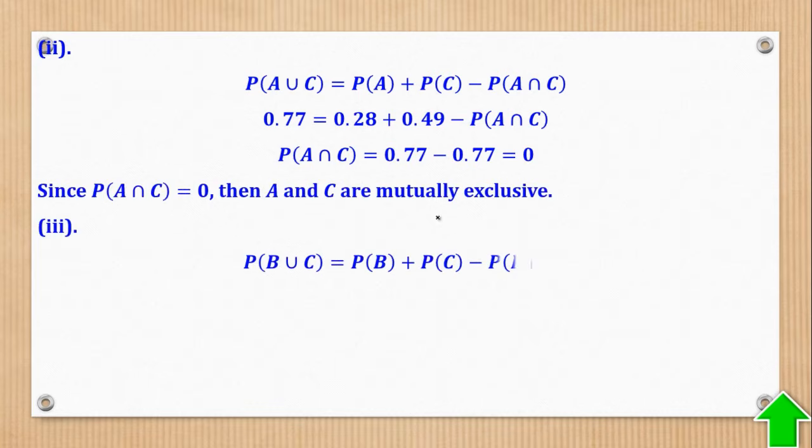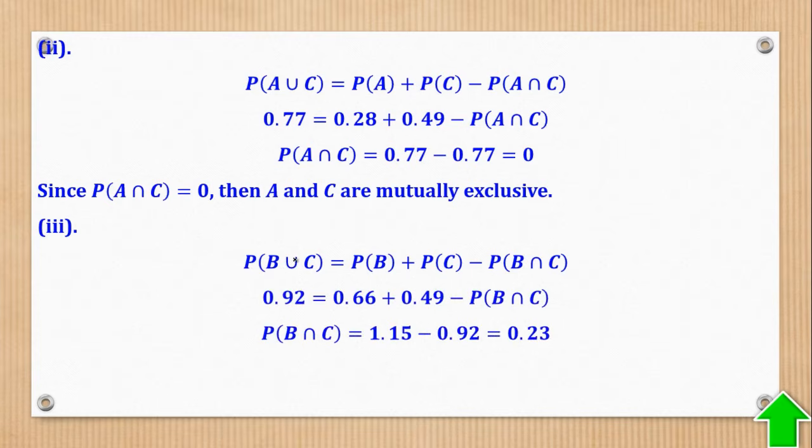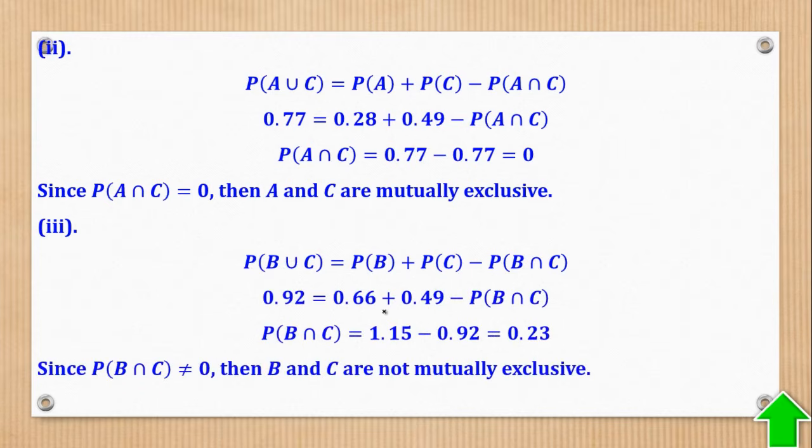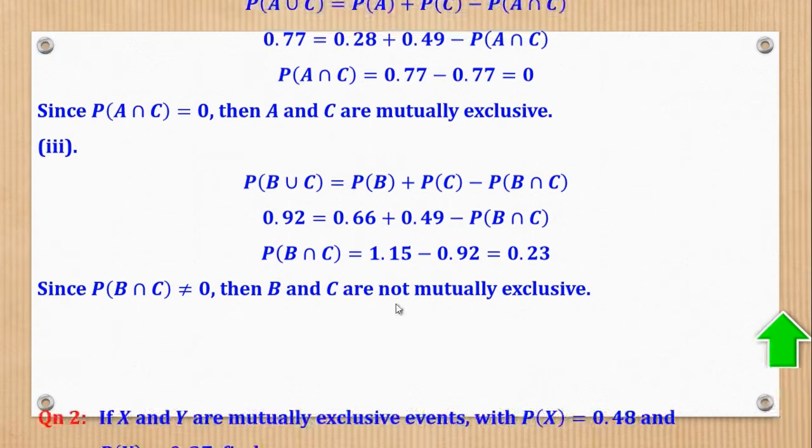Then for B and C, start by stating the union of events, then substitute and make the intersection the subject. So we then conclude that it's not equal to 0, meaning that they are not mutually exclusive. So that is what mutually exclusive means. Intersection has to be equal to 0.